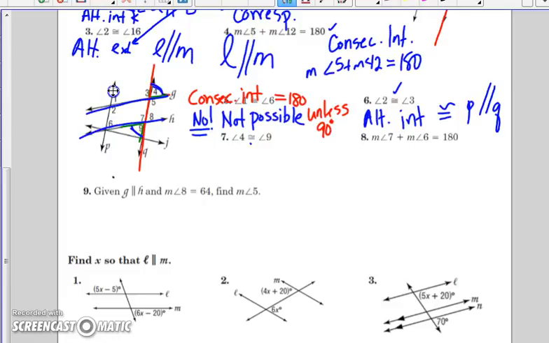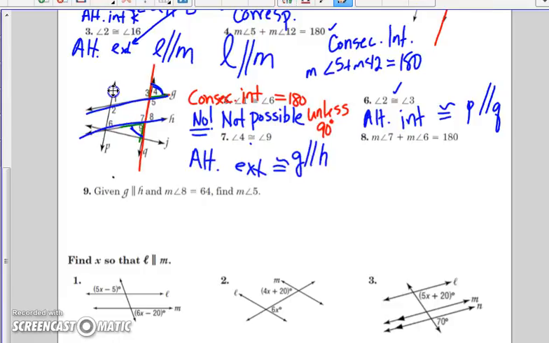It's saying that they're congruent. They're both on the outside, so that makes them exterior. They're on different sides of the red line, so that means that they're alternate. And we know alternate exterior angles, if those lines are parallel, are going to be congruent. So they're telling me that those are congruent, so therefore that means that line G must be parallel to line H.